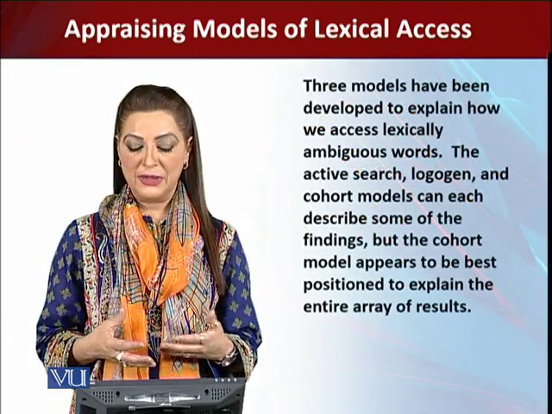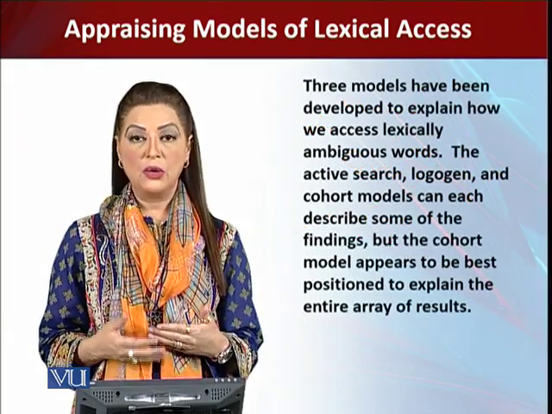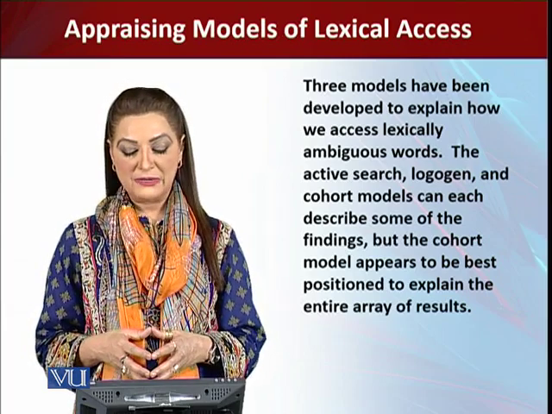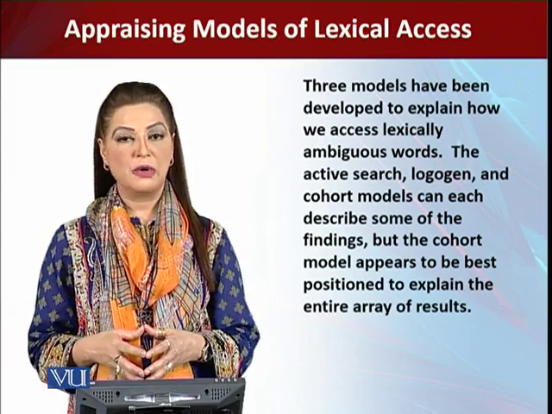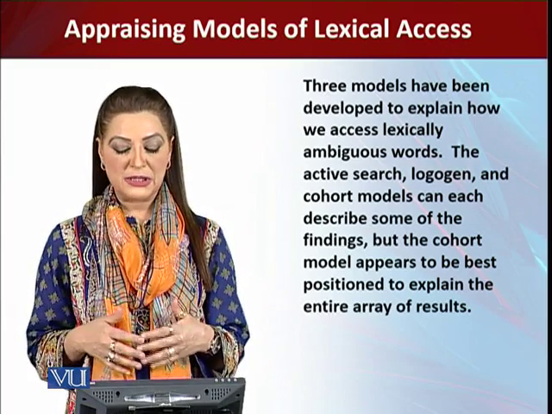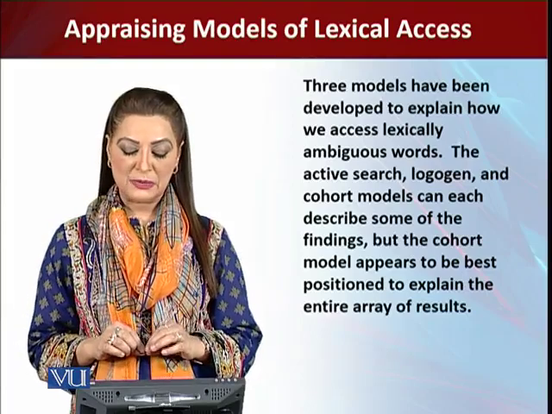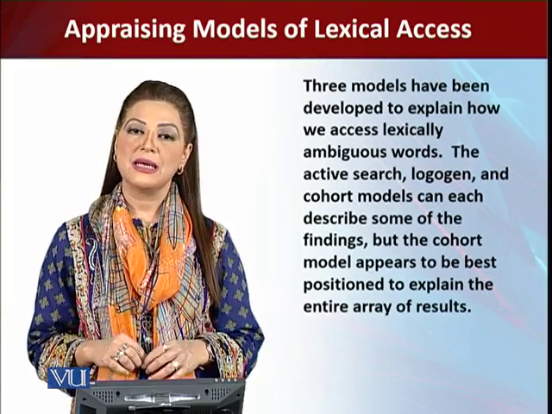Three models have been developed to explain how we access lexically ambiguous words. The active search, logogen, and cohort models can each describe some of the findings, but the cohort model appears to be best positioned to explain the entire system.